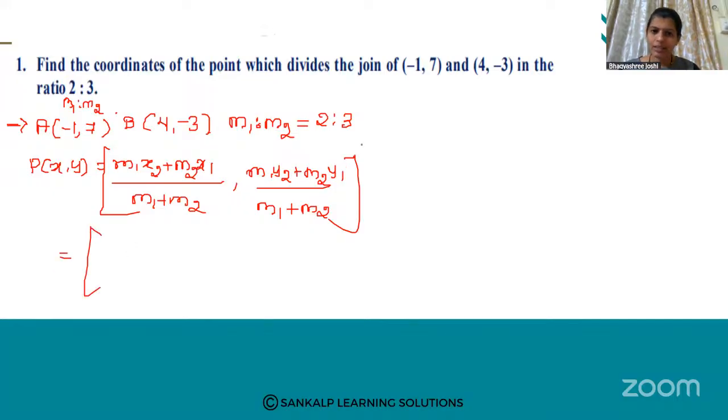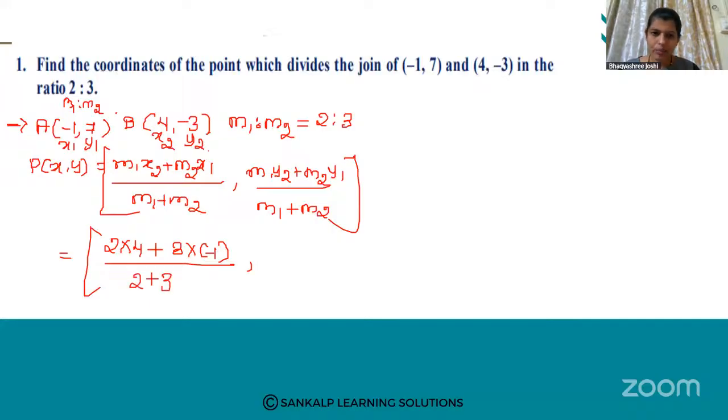What is m1? m1 is 2 here. m1 is 2 into x2. Which one is x2 here? This is x1, y1, and this is x2, y2. m1 into x2, that is 2 into 4, plus m2 is 3 into x1, which is -1, divided by m1 which is 2 plus m2 which is 3, right?